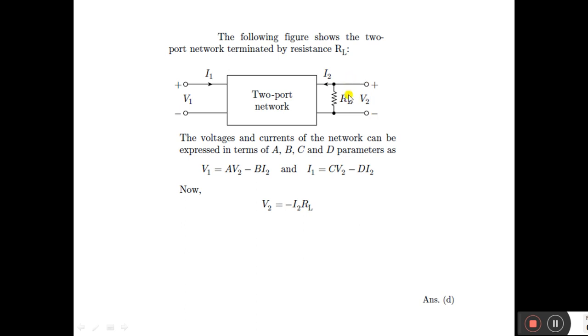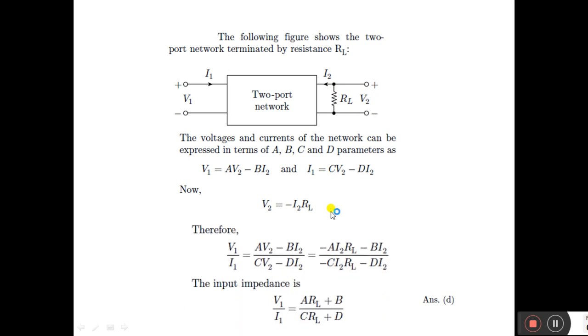Now this RL is connected here, so if you write the loop equation in this area, you will get V2 equal to minus I2 into RL. Now apply this V2 value in these equations, in A V2 and C V2.